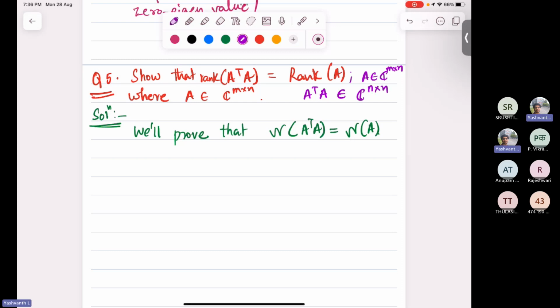Okay. Now, is anyone able to guess why proving null space of A transpose A is equal to null space of A will help me in proving rank of A transpose A is equal to rank of A? Can anyone try to guess?